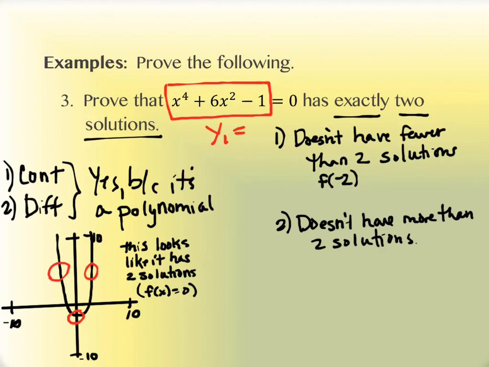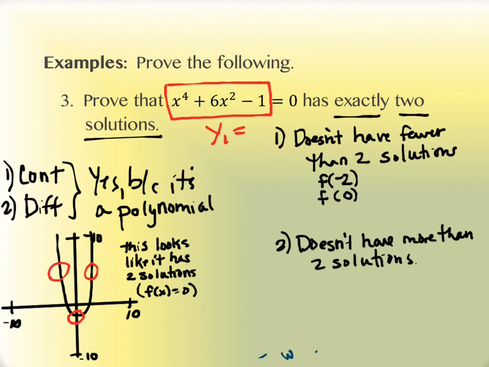I'm cheating. Yes, I know. -2 is big enough. If you tested -1 and you got a negative, you would just test something else, so it's not really cheating. I'm just helping you. And we're going to test f of 0, and then we're going to test f of 2. So these are my 3 test points. All right, so plug -2 into the equation and tell me what you get.